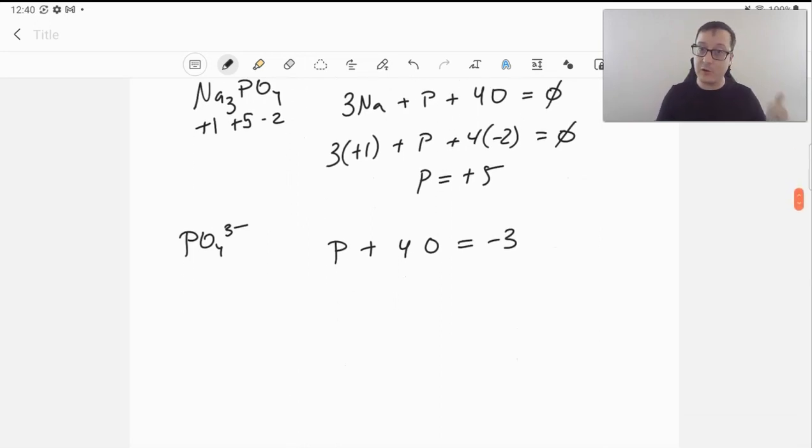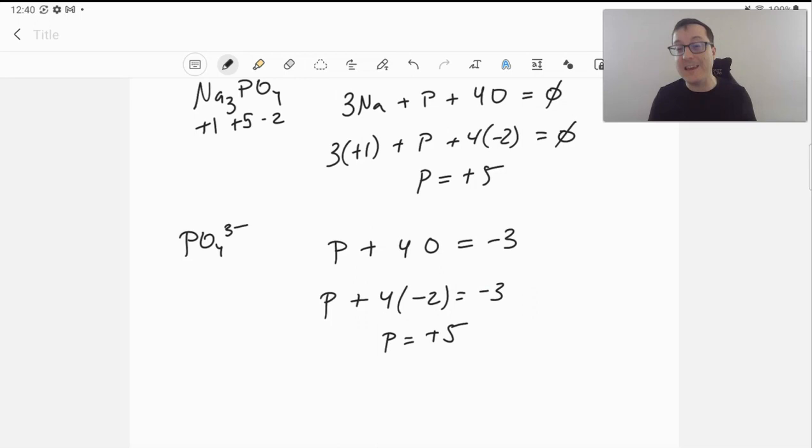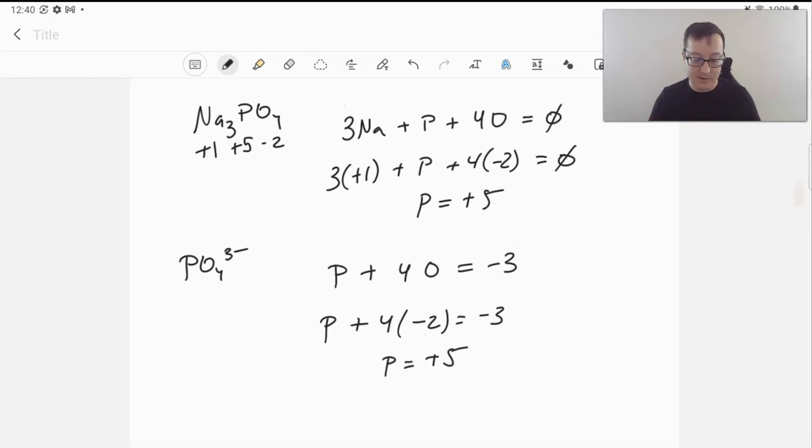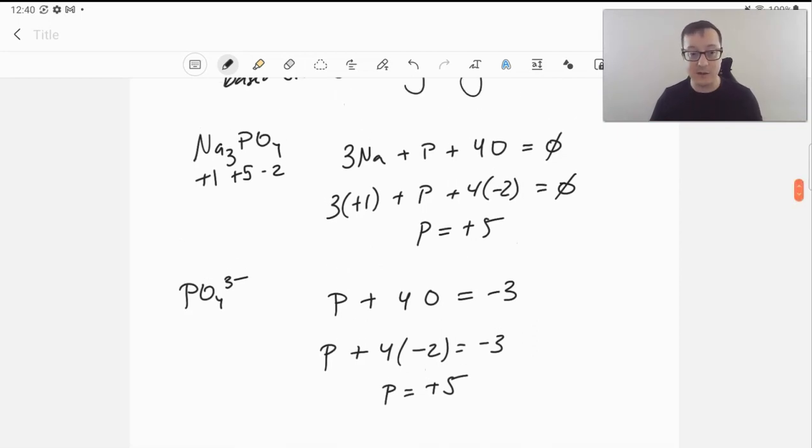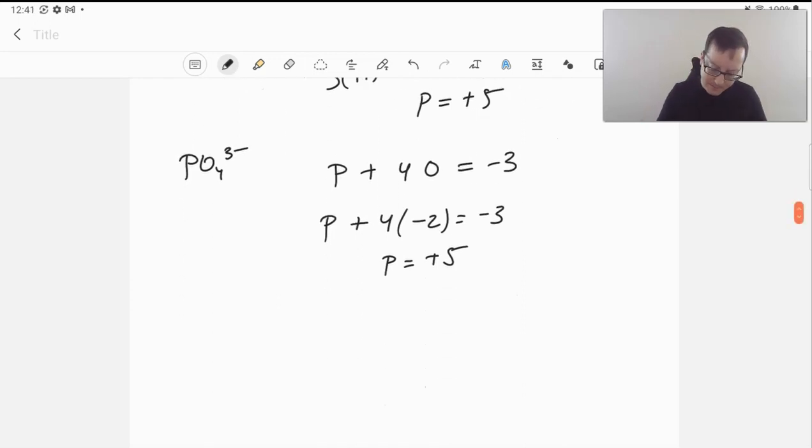We now look at rule 4: no fluorines, no hydrogens, next is oxygen. So we should give oxygen its preferred charge. And indeed, if you do the math, you will see that phosphorus again ends up being plus 5. And that should be the case, because it's the same phosphorus that's present in sodium phosphate, the same oxidation state there. So just something to remember.